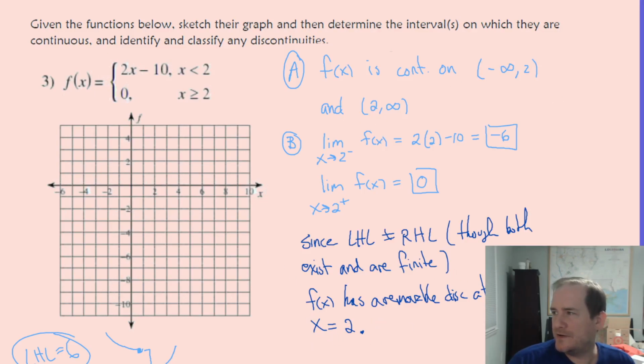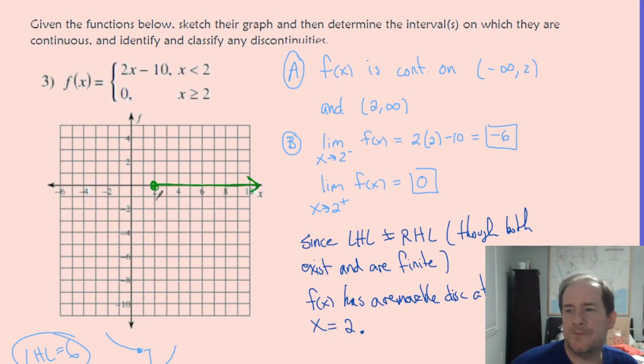Just if anybody's curious, what would this graph look like? Well, the 0 part's easy. Starting at 2, we would get a solid dot at 2, and we would run to the right. So there's that graph. And to the left of there, plugging in 2, we already saw, gave us negative 6.